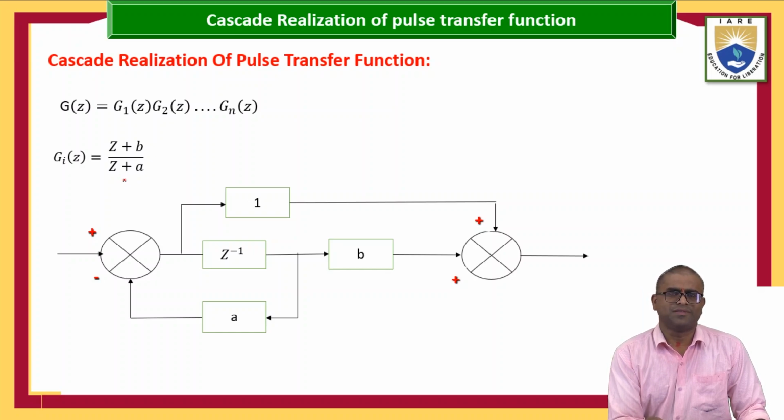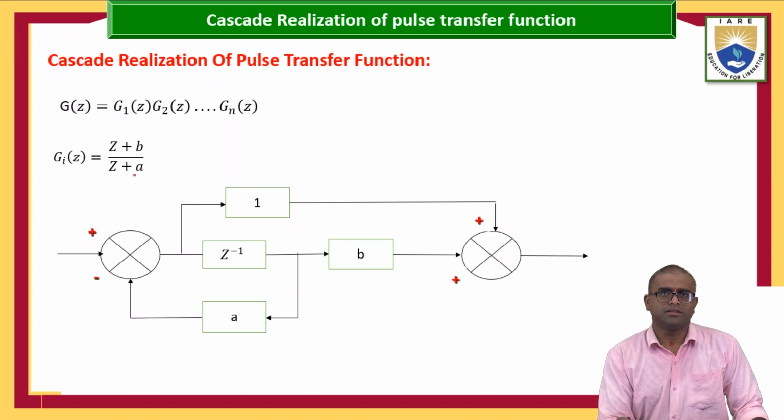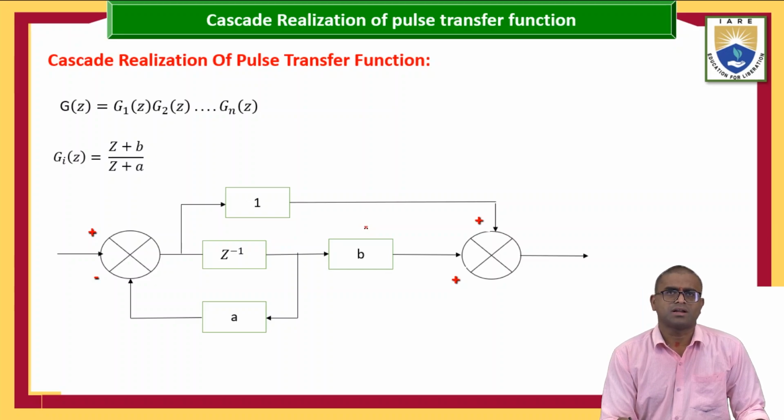In the poles, the highest power is the order of the function. So in the denominator, that is z plus a, the order is 1. That's why in the realization in block diagrams, it is z power of minus 1.